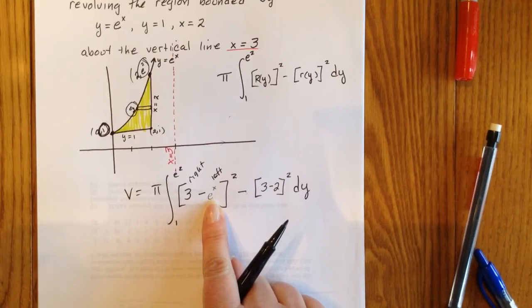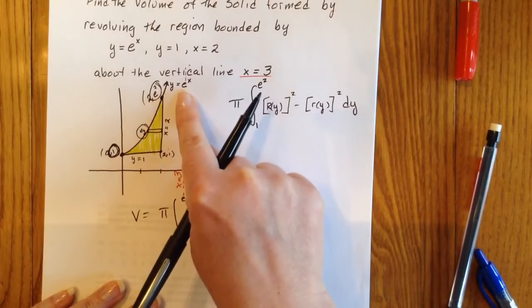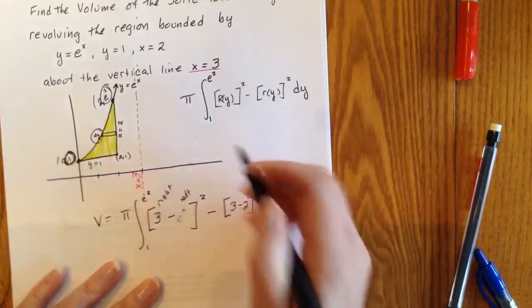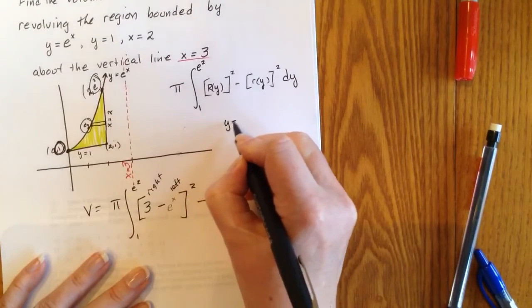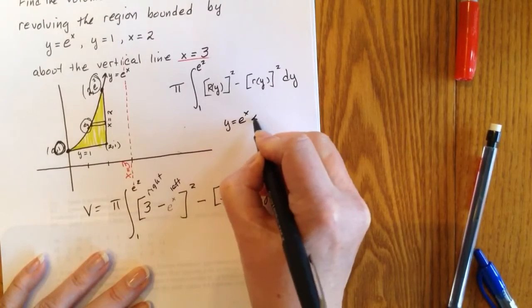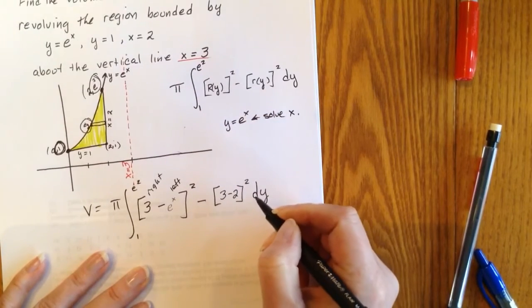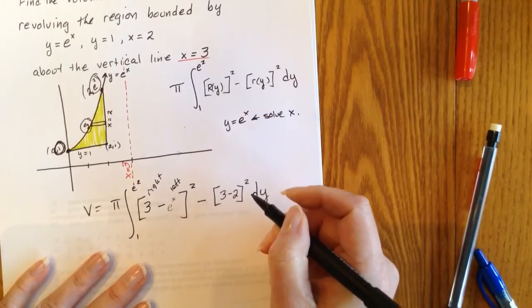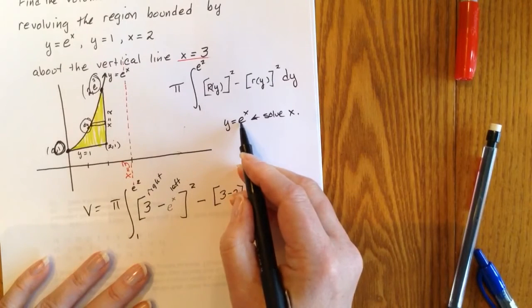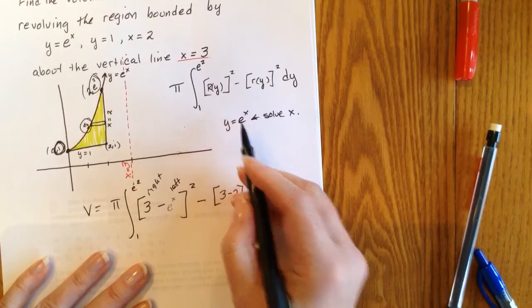Oh, how do we do that? We math. This is the equation, y equals e to the x. On the side of my paper, I need to take this equation and solve for x. Hopefully this is not your first math class. It's e, so I'm going to use the natural log.